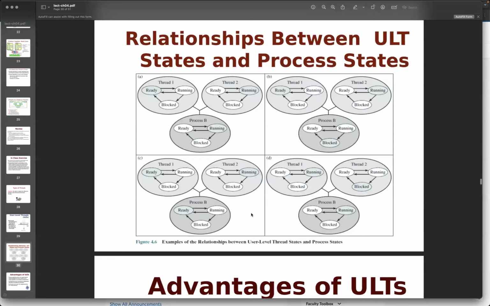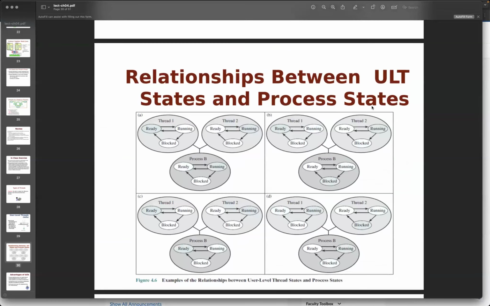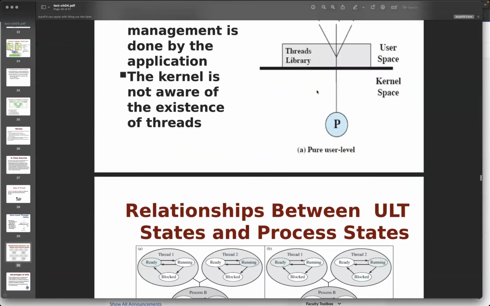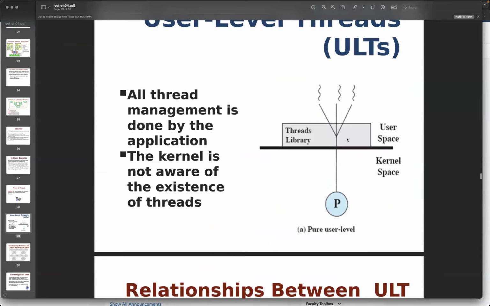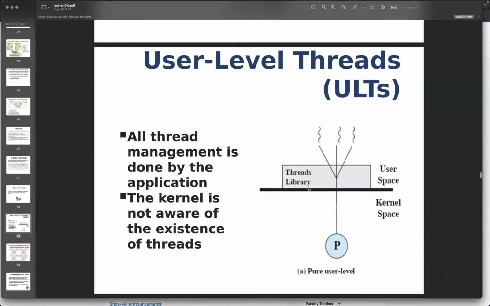And we try to see here the relationship of the ULT. If you still remember this part, the user level is one at a time, only one, and multiple.